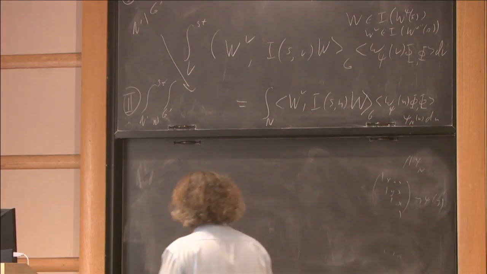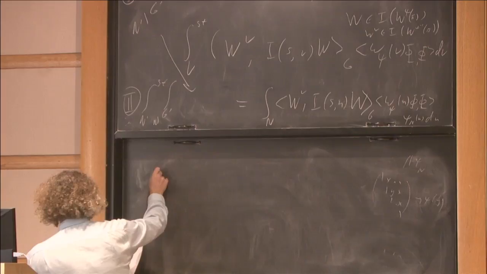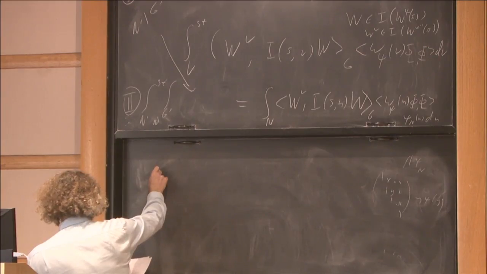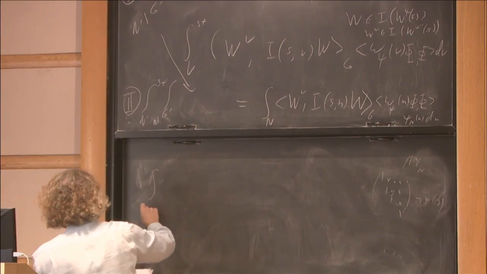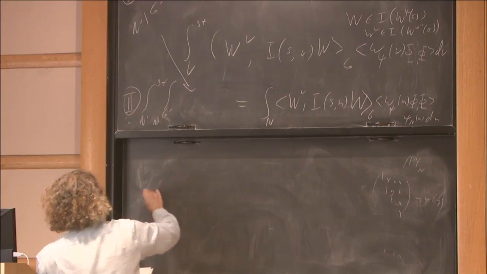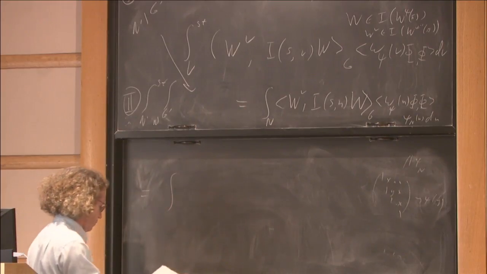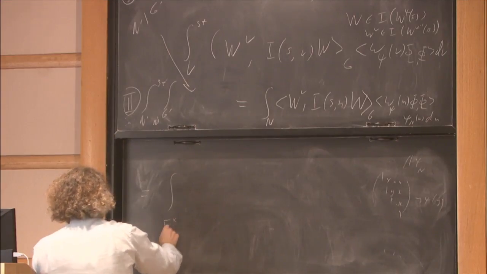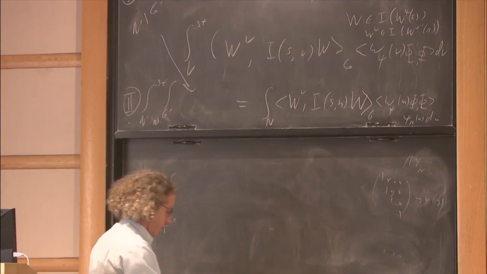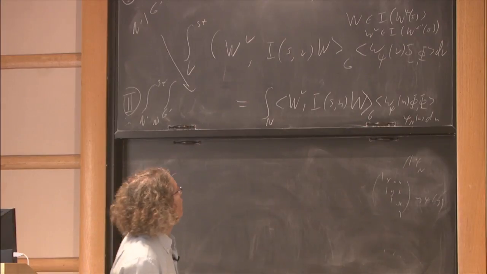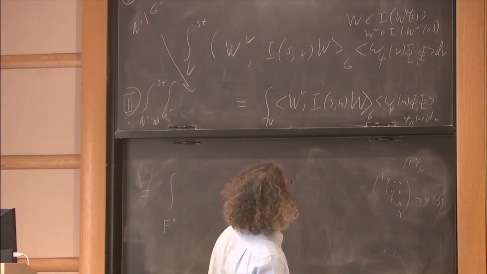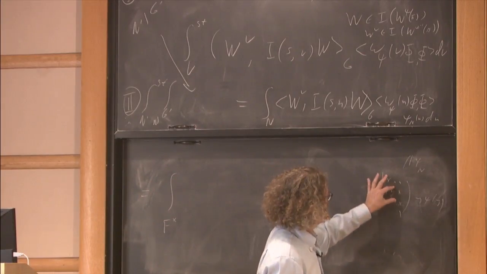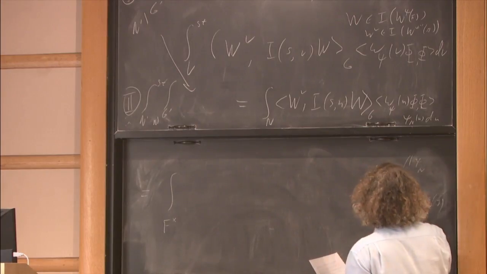And now, if I specialize, this is equal to, again, by some manipulation, an integral over the torus. So I just basically do Bruhat. Of the SL, Sp2.